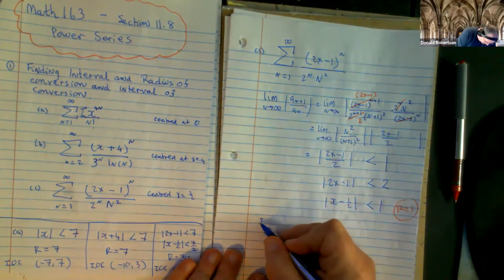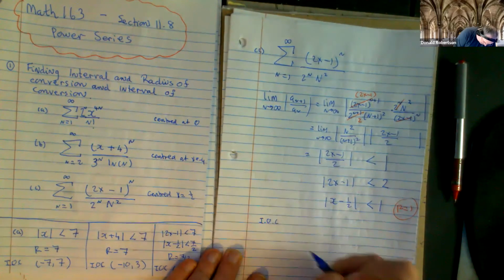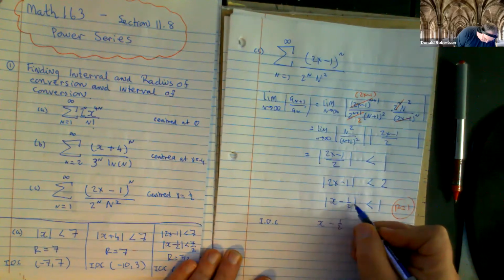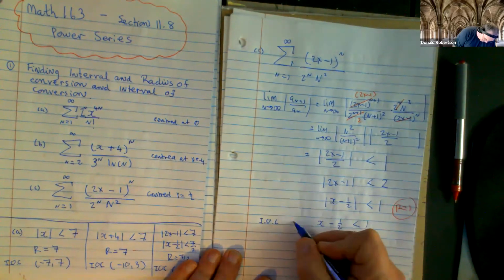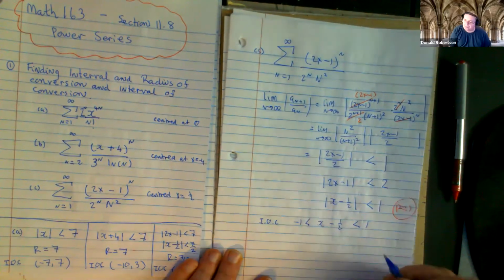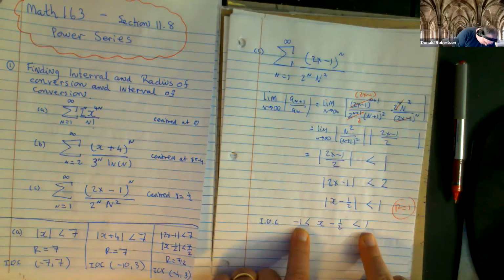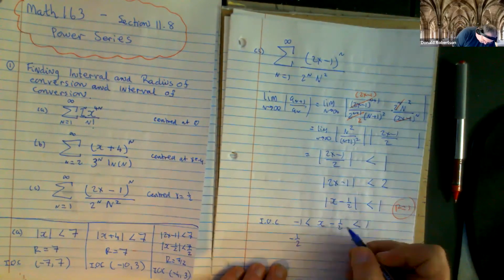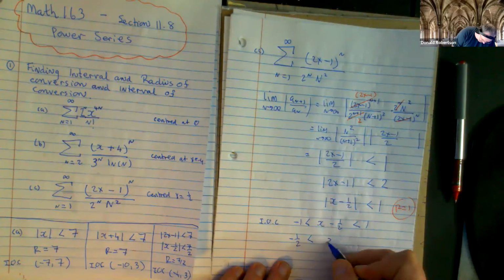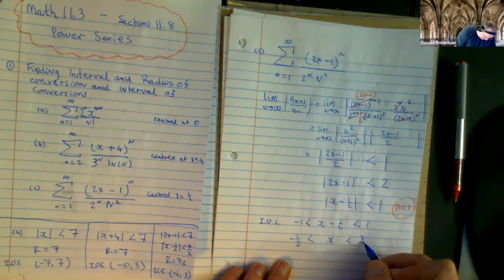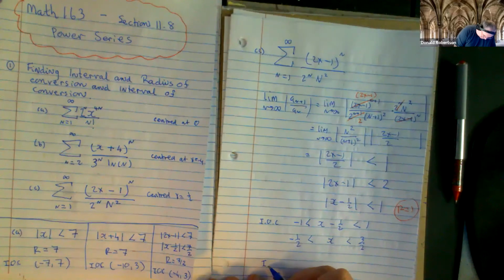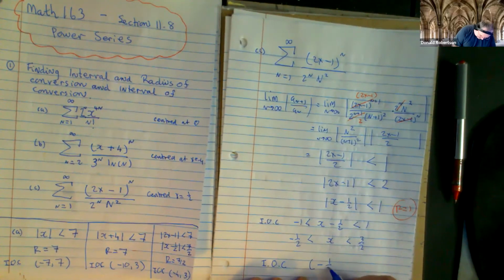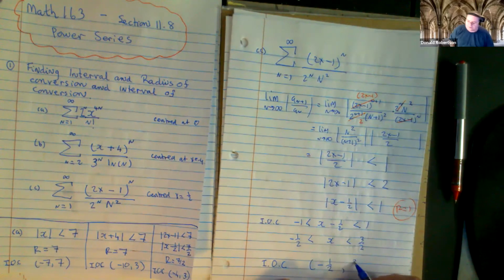The interval of convergence is a little bit more work. We need to solve when is the absolute value less than 1. And that's sandwiched between these two. If you add 1 to both sides, or add a half, I should say, to both sides, you get that, which means that the interval of convergence, at least right now, is any number between -1/2 and 3/2.